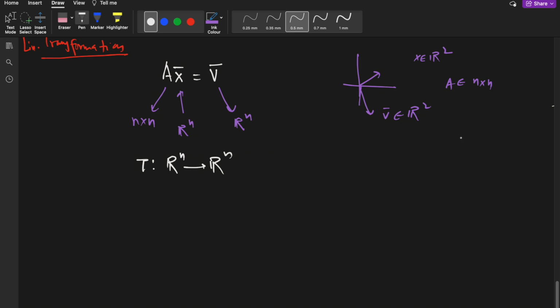You can have a linear transformation from R2 to R3, from R3 to R2 as well. But that we will come to in the upcoming lecture, because it has its own visual understanding. So T is a linear transformation from Rn to Rn. Then its matrix representation is A, which is n cross n. All right, am I making sense?